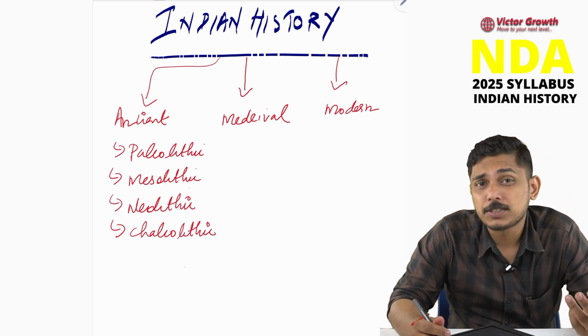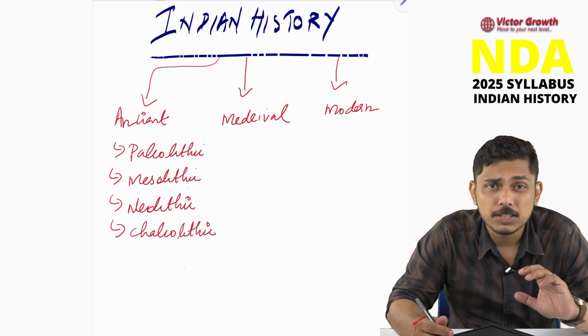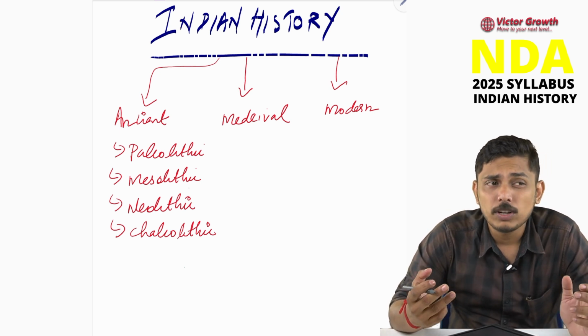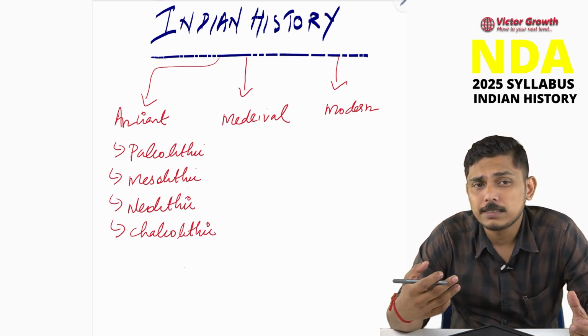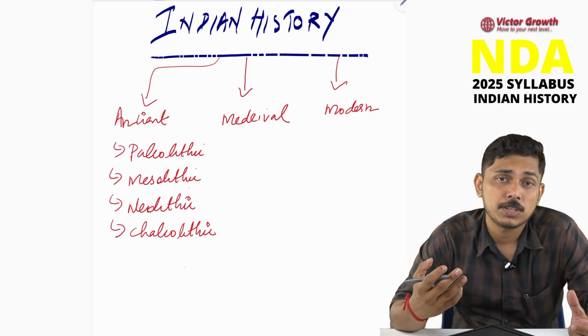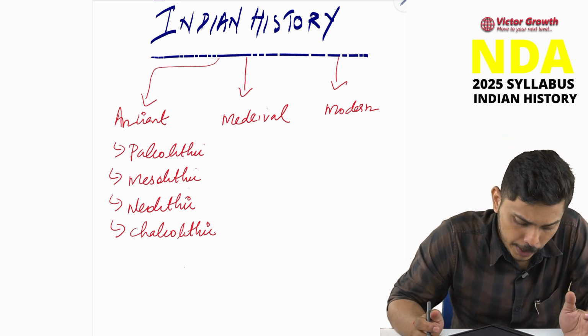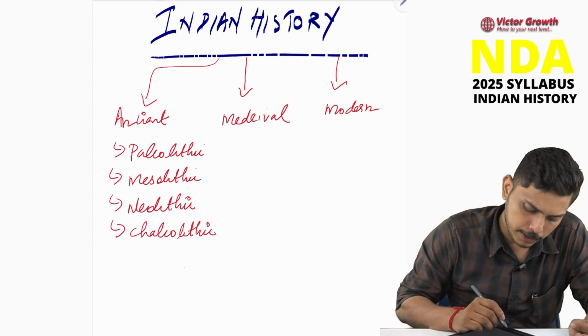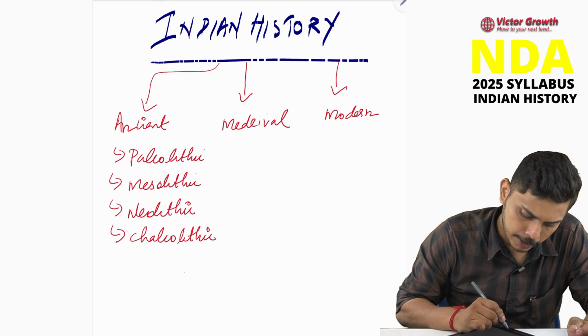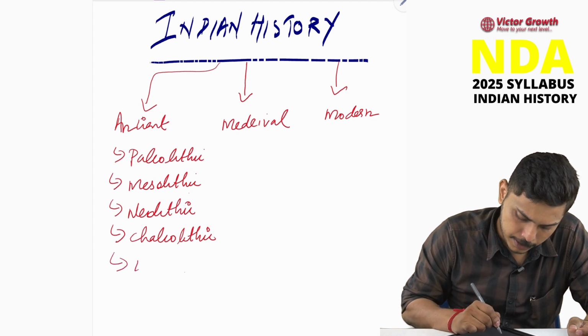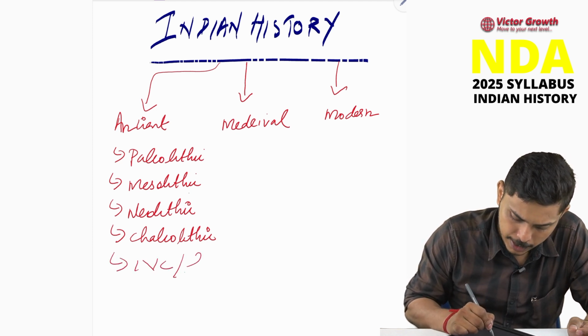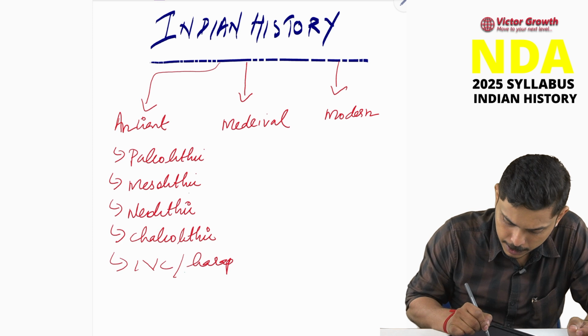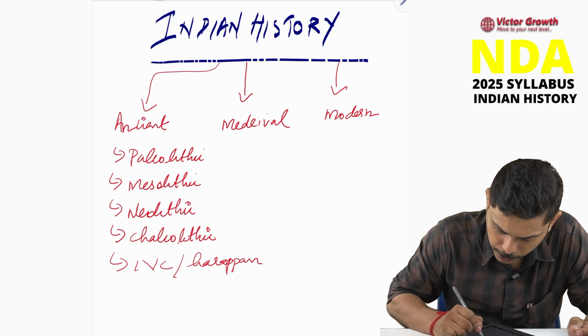The bridge between Stone Age and Iron Age is known as the Chalcolithic period. Also in the Neolithic period, we can see some revolution, that is diversification of jobs. So ancient history goes from Paleolithic, Mesolithic, Neolithic, Chalcolithic, followed by the famous IVC or Harappan civilization.